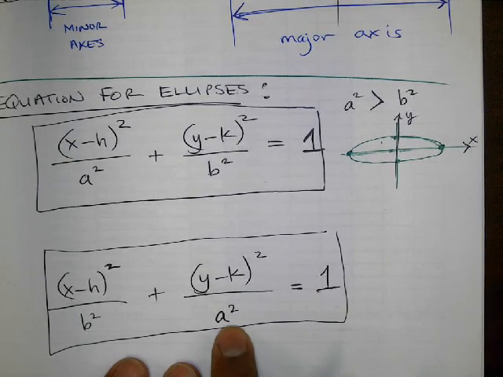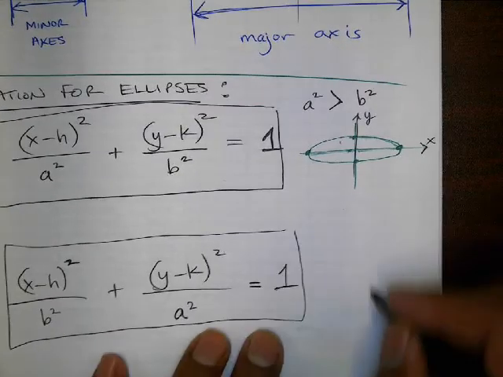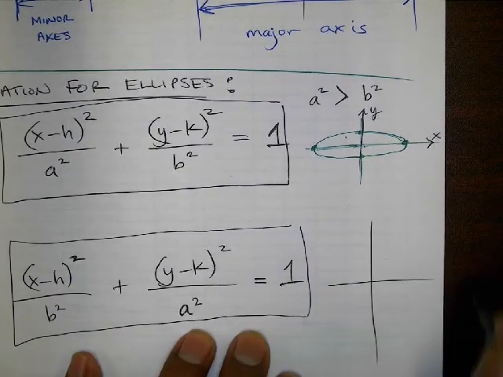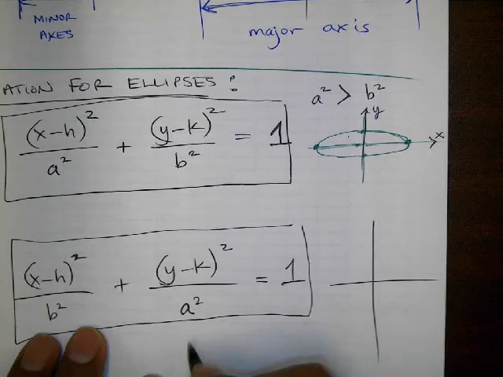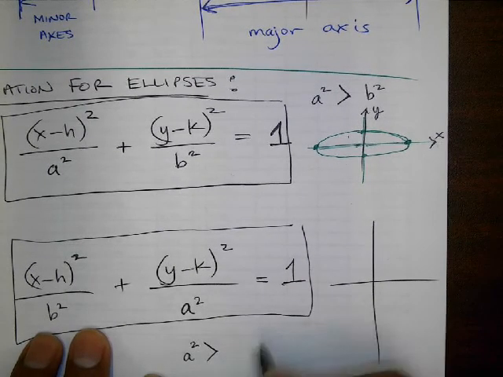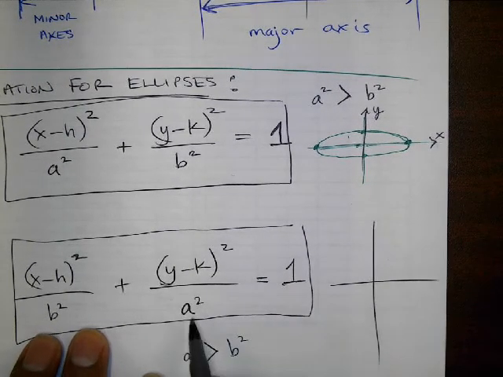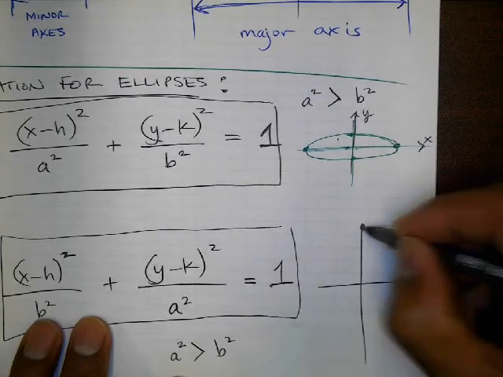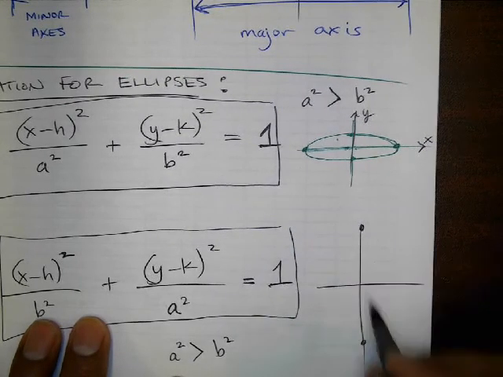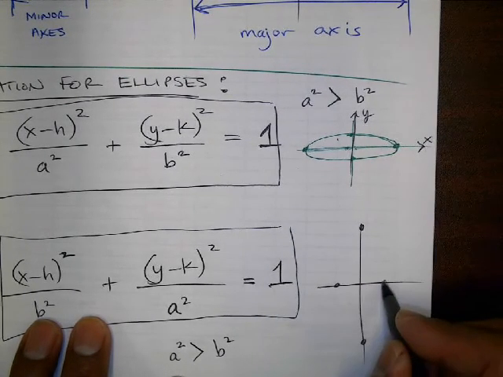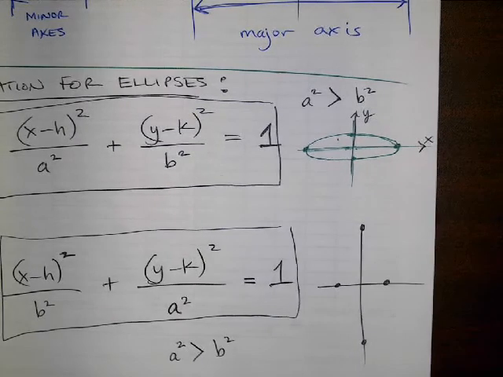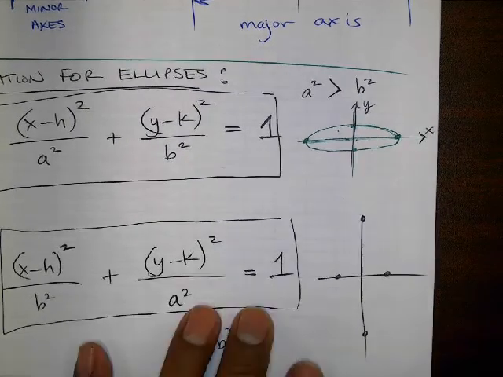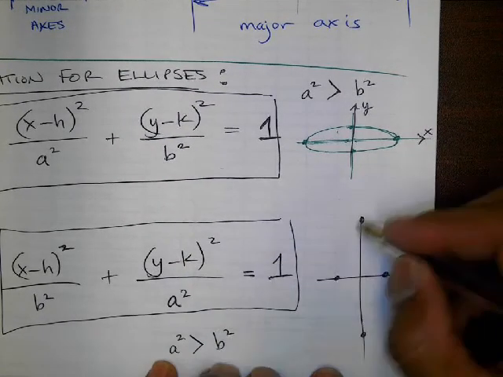When your a is under the y, then this number's bigger. If a squared is greater than b squared, but now it's under the y, that means these points are going to be longer this way, and these other points will be shorter.